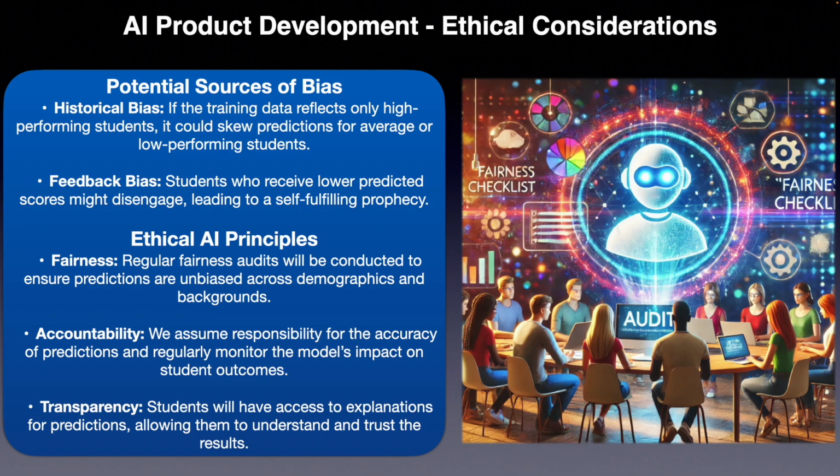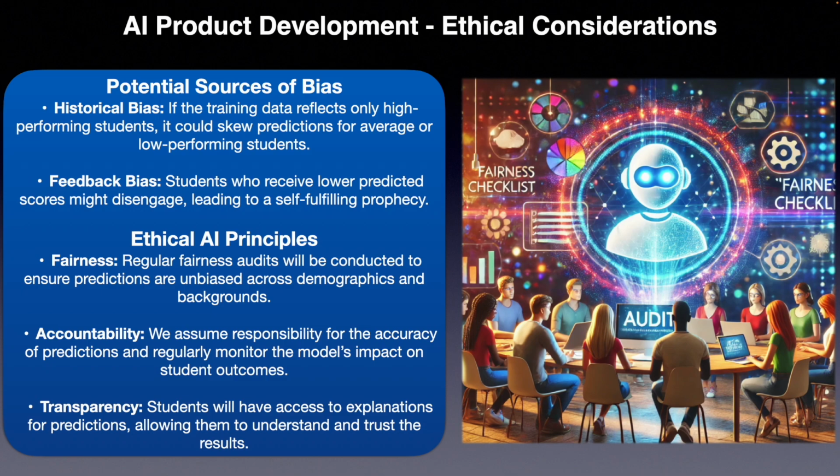For the ethical AI principles, the fairness aspect means conducting regular audits to ensure the predictions are unbiased across demographics and backgrounds. That needs to be in place. For accountability, the app owners will assume full responsibility for the accuracy of the predictions and regularly monitor the model's impact on student outcomes.